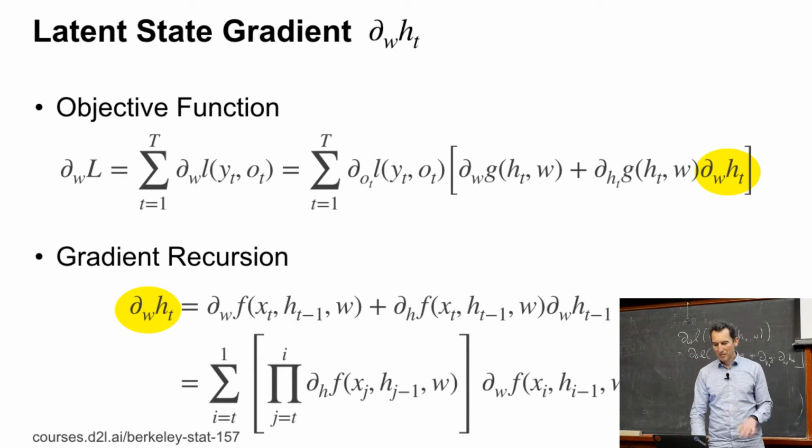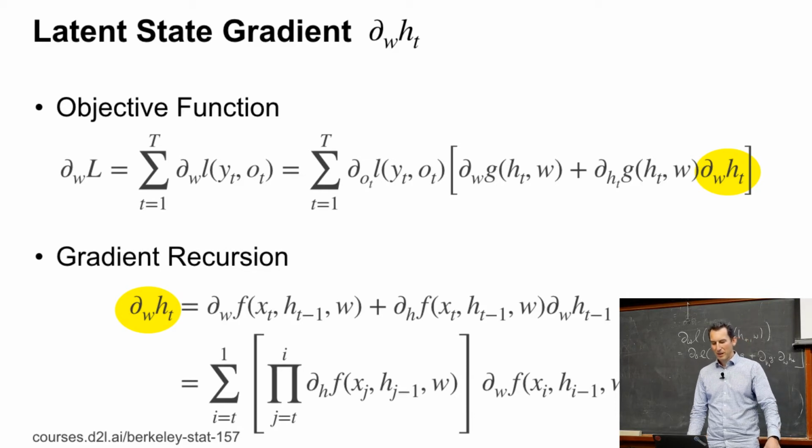The second part means we now take the derivative with regard to h of f. And then now we have dht minus 1/dW. Right? So what we've just done is we've written out a recursion where we get the gradient of ht as a function of the gradient of ht minus 1 and some other terms that we can easily get.